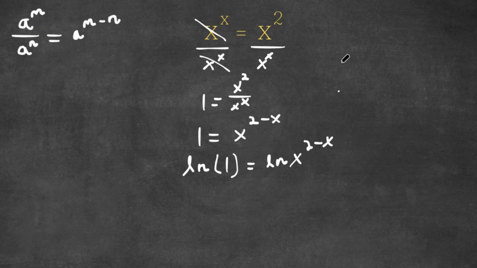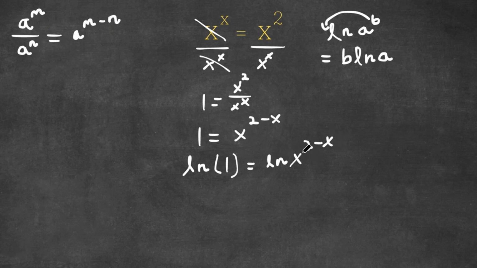Now, an important property of logarithms is that, let's say we have ln of a to the power of b. Then we can actually move this exponent b to the front of the logarithm. So this would be equal to b times ln a.